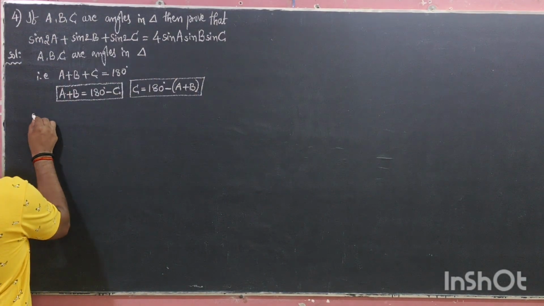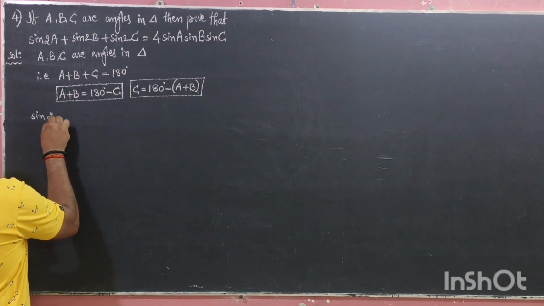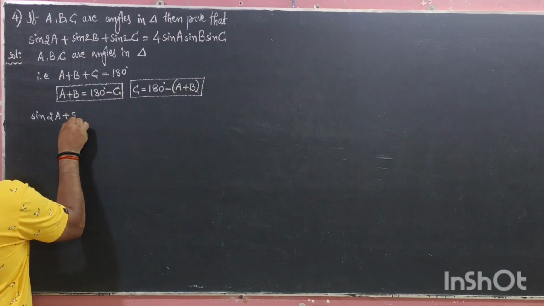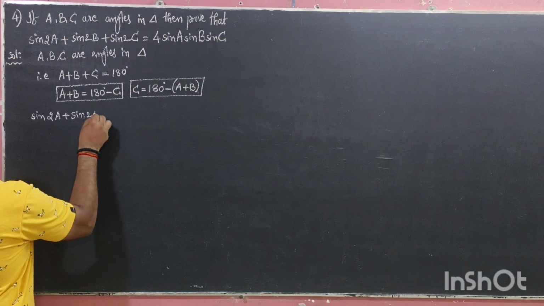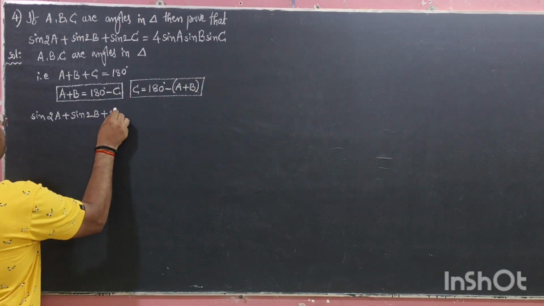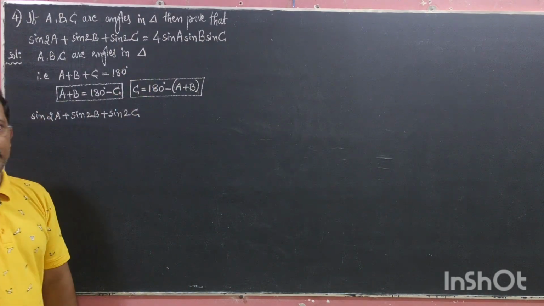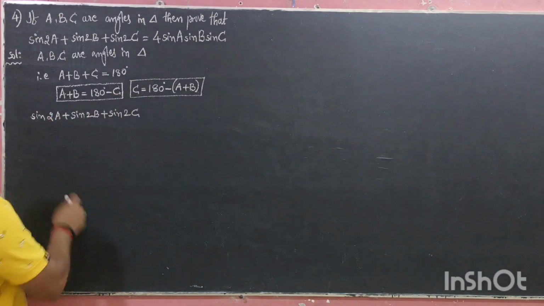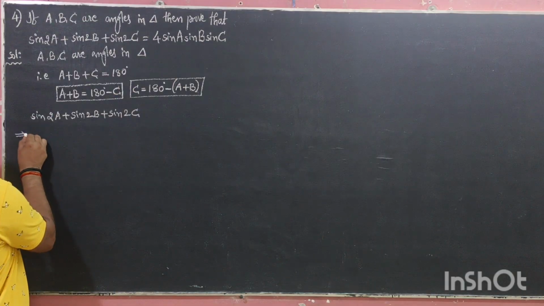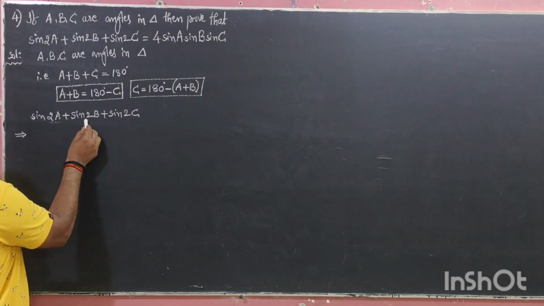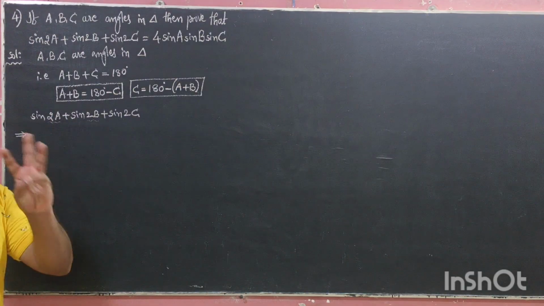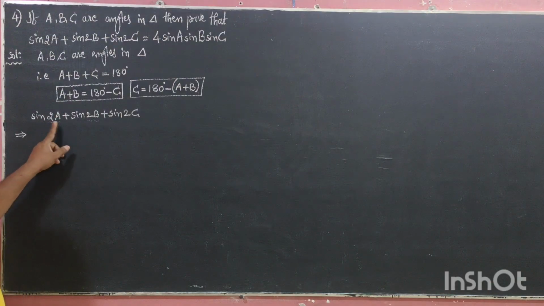The given question is sin 2A plus sin 2B plus sin 2C, and we have to show that the answer is 4 into sin A into sin B into sin C. So we use the sin C plus sin D formula, which we already used in the previous 3 problems.